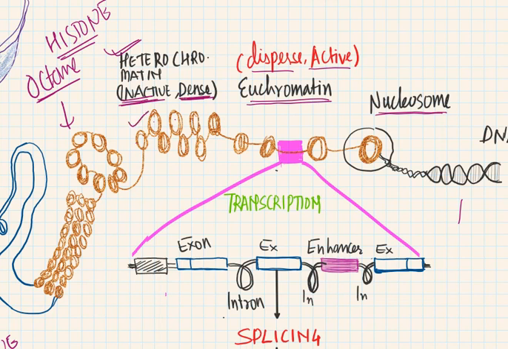When it is inactive, it is in the dense form, and that is called heterochromatin. When they get dispersed, they get activated, and that is called euchromatin, which is the active form.